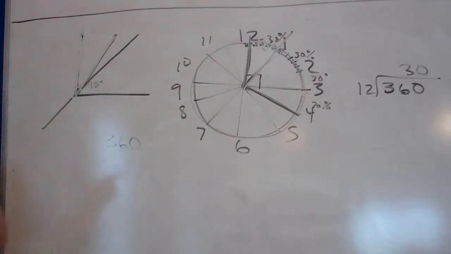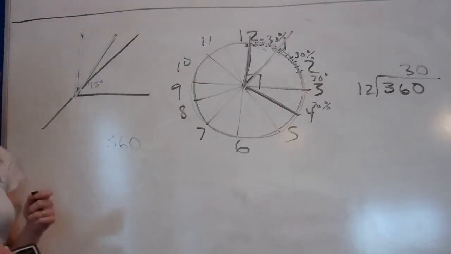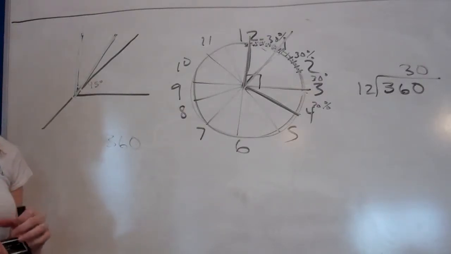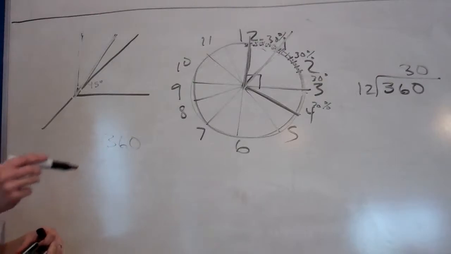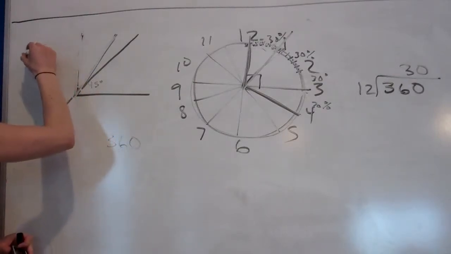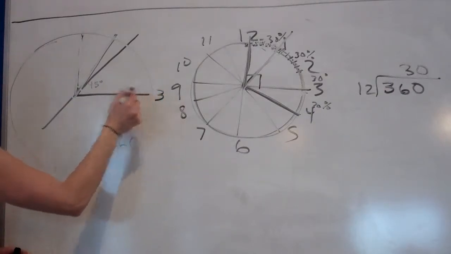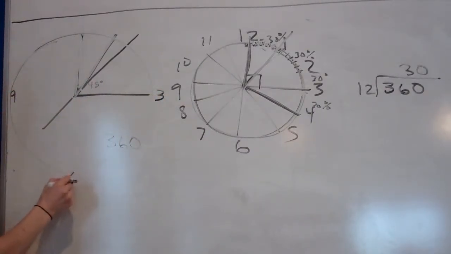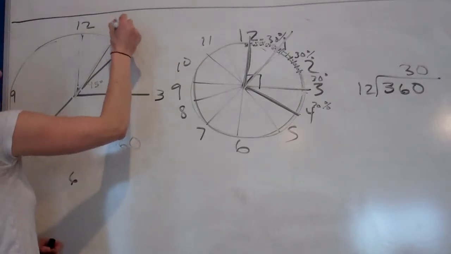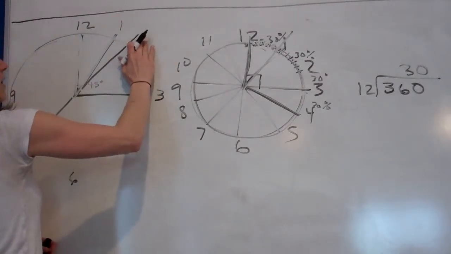After you draw the angle, wouldn't you just draw a circle, like if it was a clock? You could. That's a very good idea. You could draw yourself a clock and then put 3 and 9 and 6 and 12, and then put a 1, 2. You want to keep them all even.